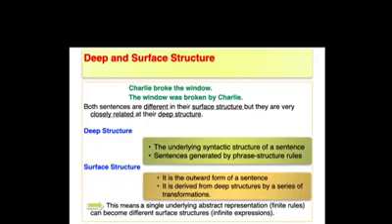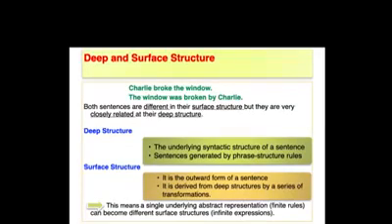In the surface structure here, we have Charlie, we have broke, we have the window. And then we have reversed the order by bringing the window to the beginning and having Charlie at the end of the sentence. So this is a reversal of the order of the first sentence.